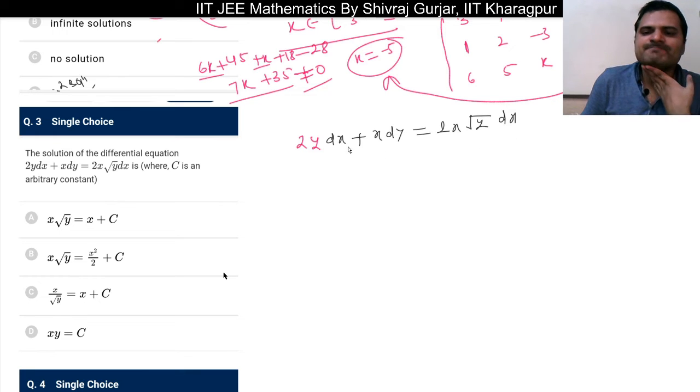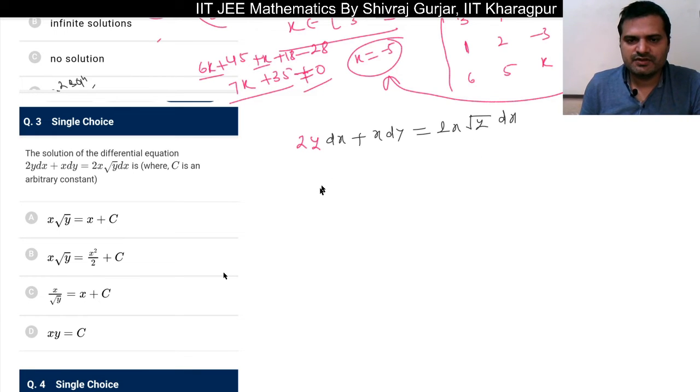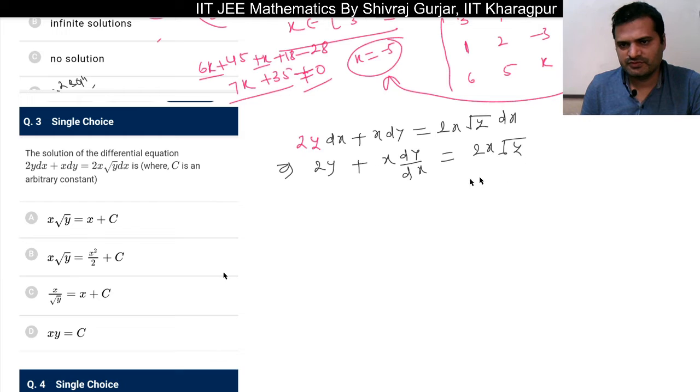Okay, so here if we divide this throughout by dx, then this will be dy by dx, and this will be 2x root y. So this can be written as dy by dx plus, let us divide this throughout by x, 2 root y.